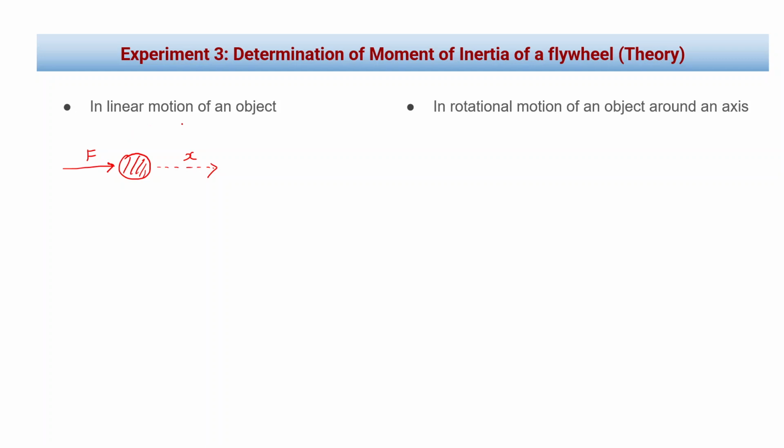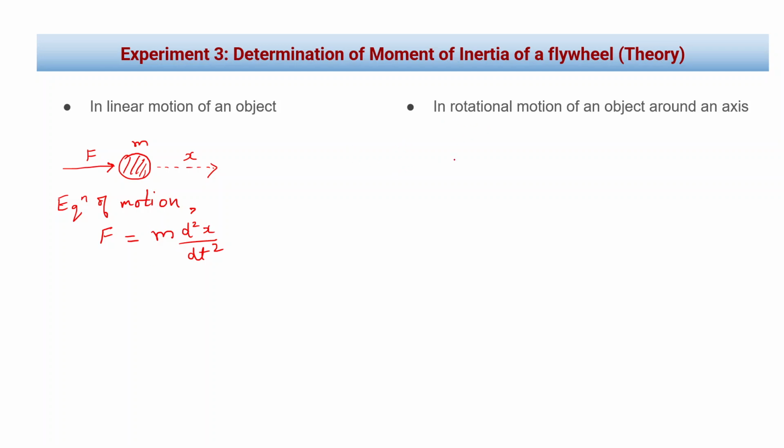For this linear motion, the equation of motion will be force is equal to mass, let's say mass of this object is m, times acceleration. Here the acceleration will be d2x by dt square, the double derivative of displacement with respect to time. This will be the force.